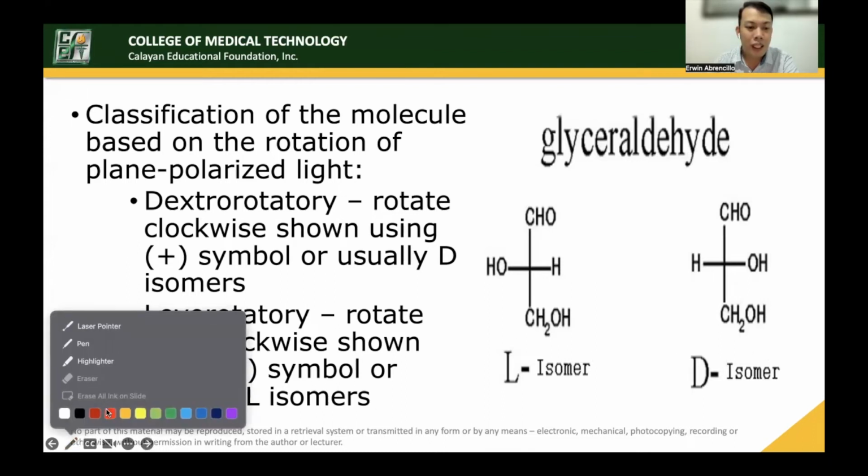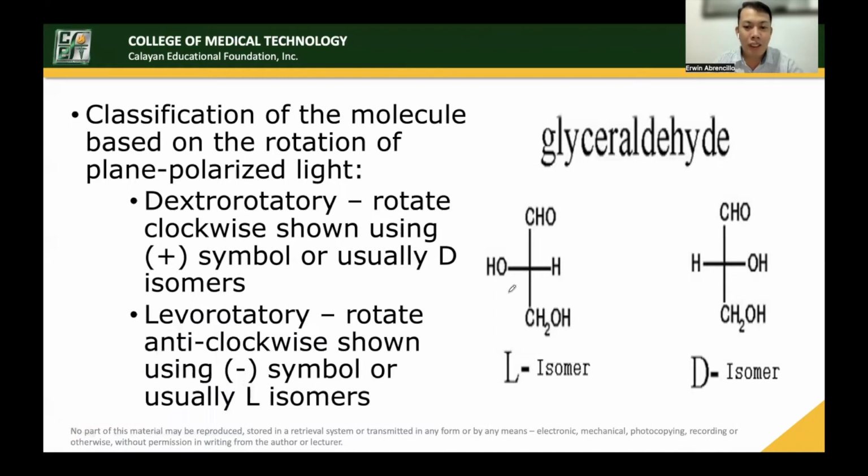So how do we determine that? As I mentioned, this is L and this is D. What's the basis of telling whether the monosaccharide sugar is an L-isomer or a D-isomer? In this case, what we observe is this OH.